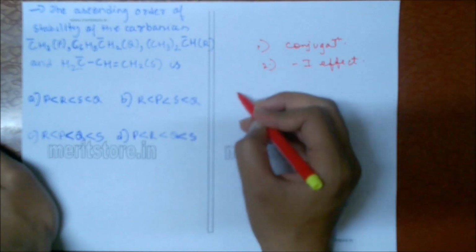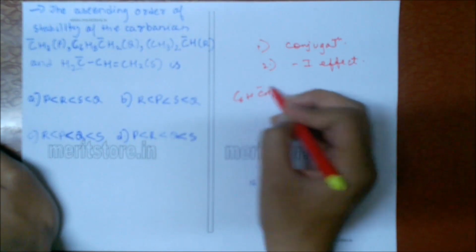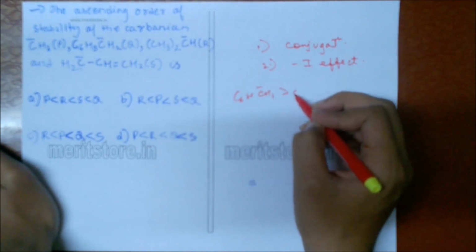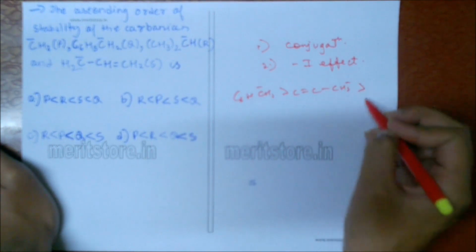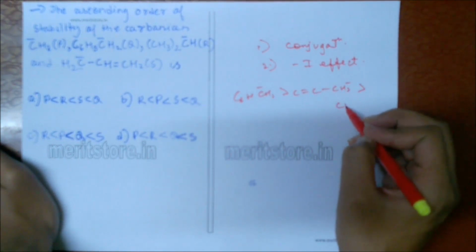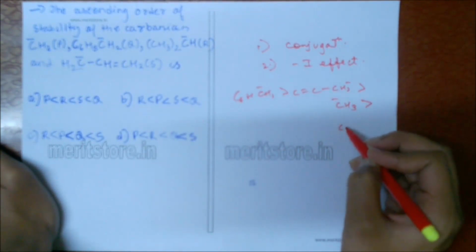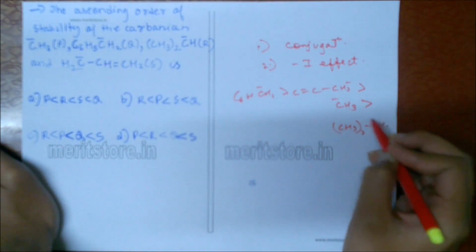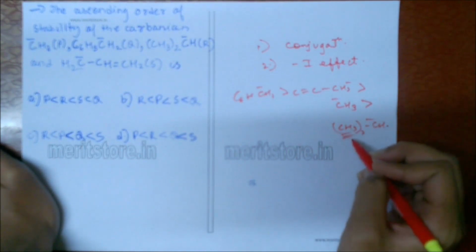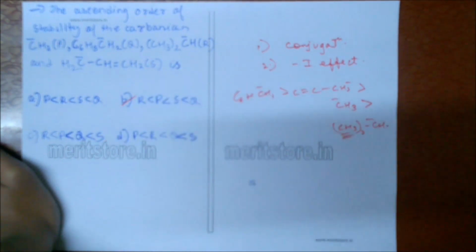So the correct order will be phenyl carbanion, then saturated carbanion, which is less stable, is methyl carbanion, and then isopropyl carbanion. This is because as the alkyl group increases, the stability decreases. So the correct answer is B.